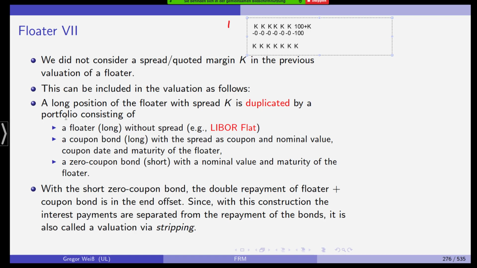And if we now add it to the floater, we get the floater with spread K. And with the zero coupon bond, this double repayment of the floater plus the coupon bond is offset in the end. And since this construction includes the separation of the interest payments from the repayment of the bonds, this is sometimes called valuation via stripping. You're stripping the coupons from the bond. Okay.